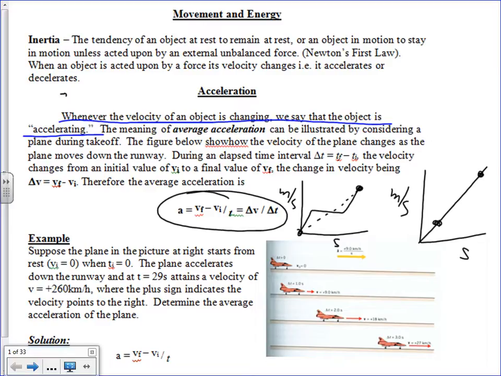All right, so the meaning of average acceleration is best illustrated by a plane during takeoff. And instead of the word average acceleration, we might want to use the word uniform. And when I say uniform, I mean the amount that the velocity changes each second is exactly the same.